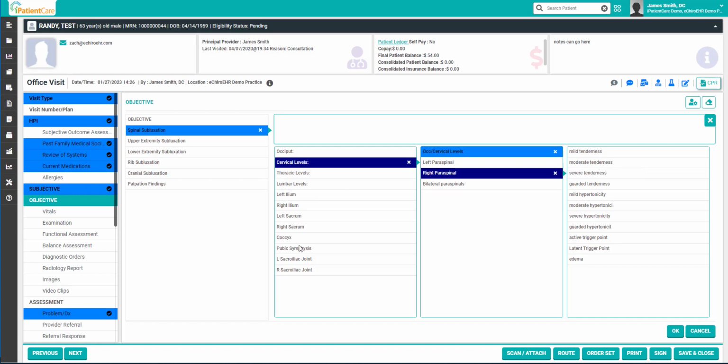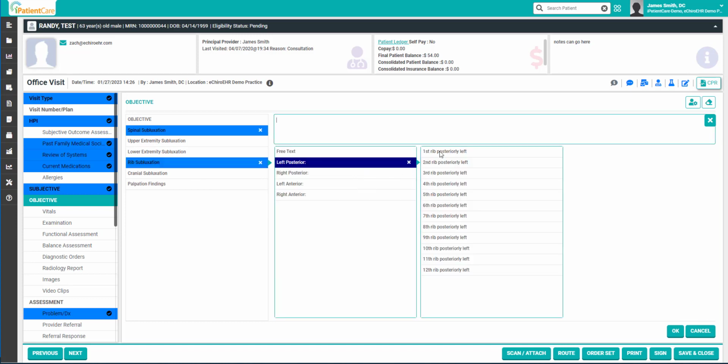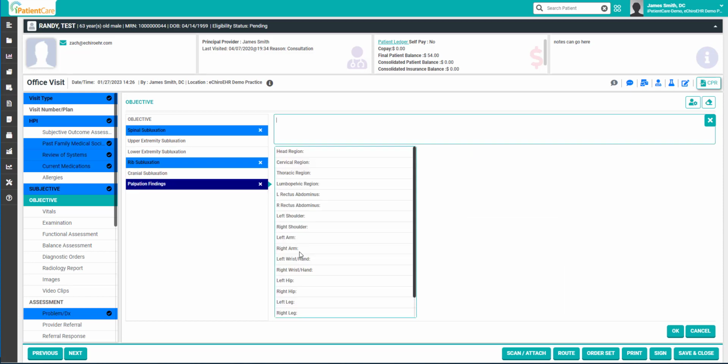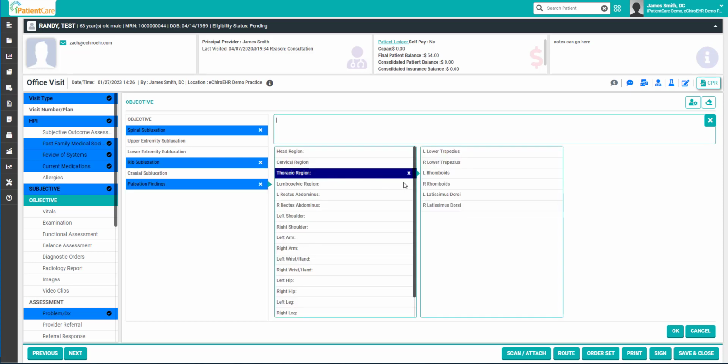And of course, each region is represented along with extremity, upper extremity, lower extremity, rib subluxation, and of course, cranial subluxation, and then other palpatory findings that involve the muscle groups within those particular regions.